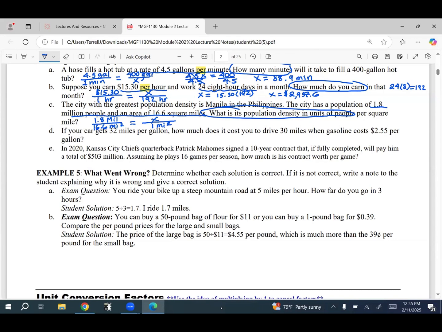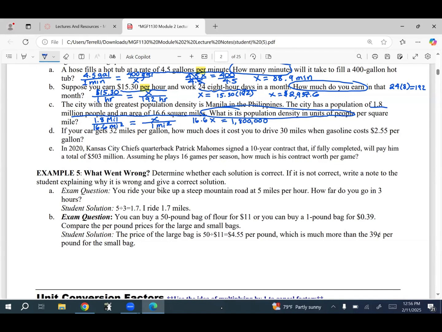So again, multiply diagonally. That's 16.6x equals. Now here, I need you to know what 1.8 million means. 1.8 million means, I have to expand that. That's 1,800,000. That's what that means. I just abbreviated it there, but I have to show what that means.